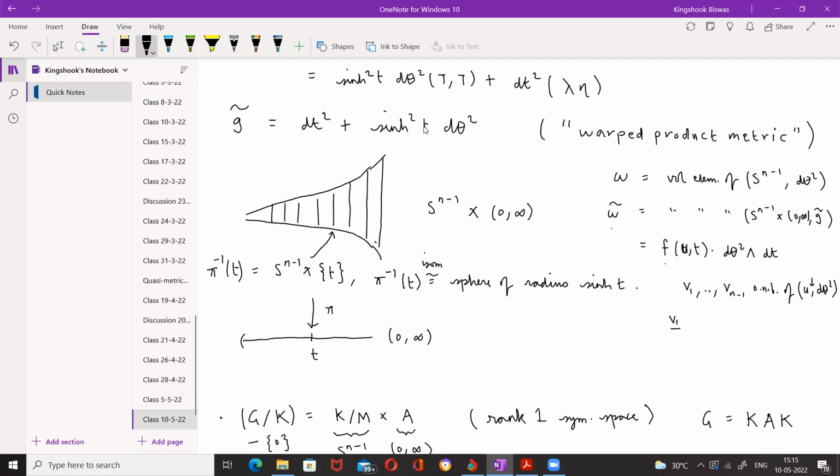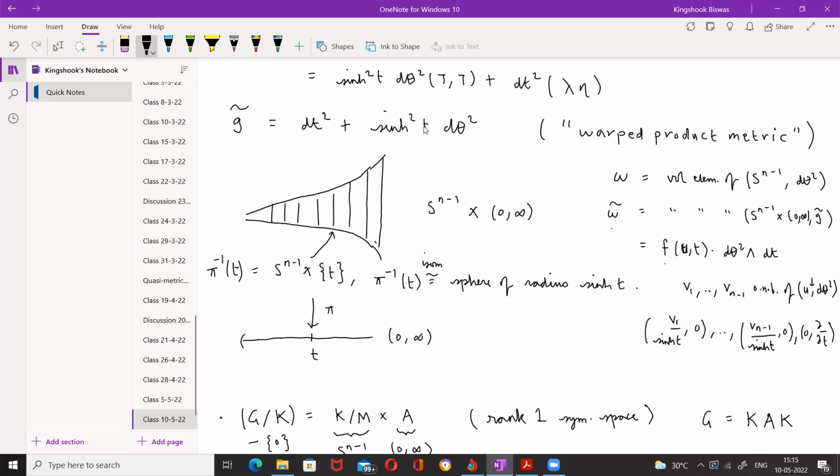Yes. So v1 over sinh t, 0, up to v_(n-1) over sinh t, 0, comma ∂/∂t.